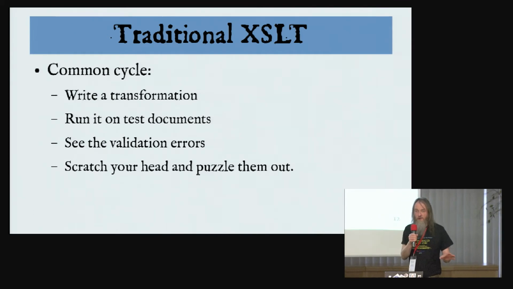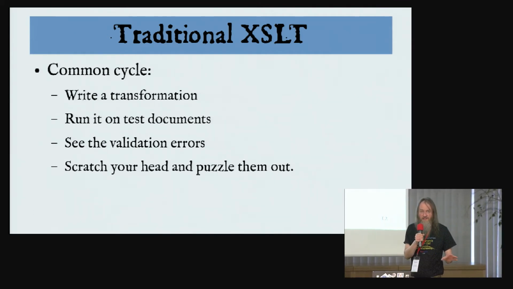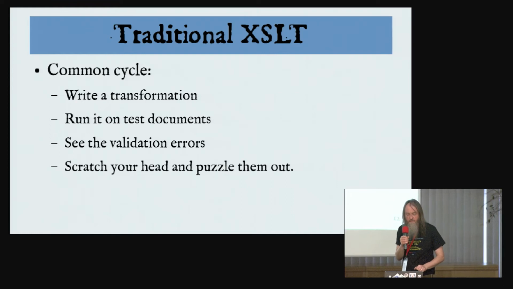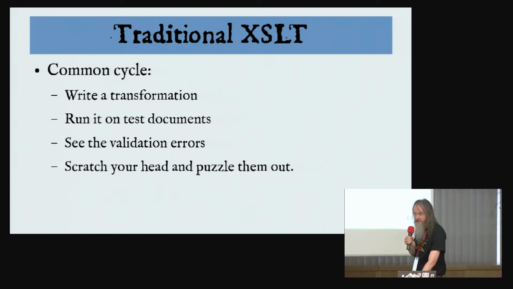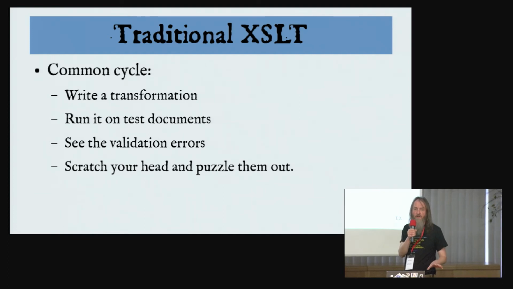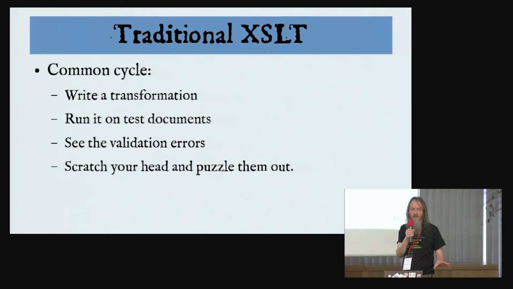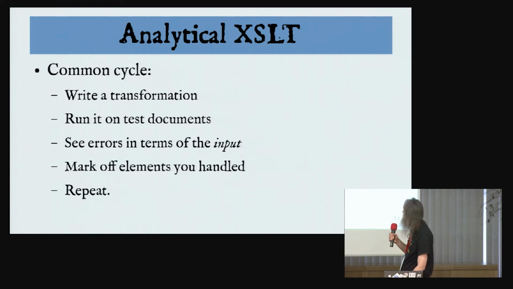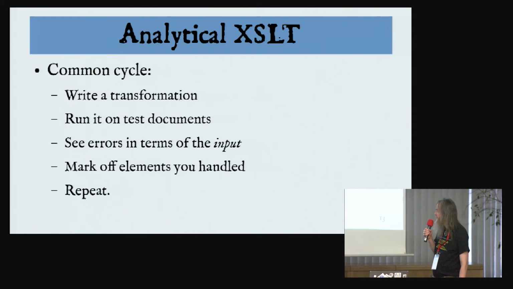Now, you could, of course, be using a fabulous tool like Oxygen, the XSLT debugger. That does help, but it's still a lot of work. And if you've got, say, 5,000 or 10,000 input sample documents, you're probably not going to sit and run Oxygen on 10,000 documents. So what I'm doing is I write a transformation and I run it on the test document.